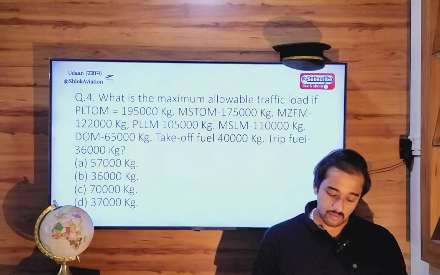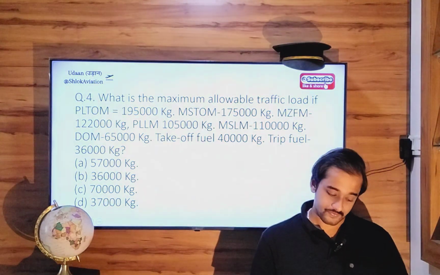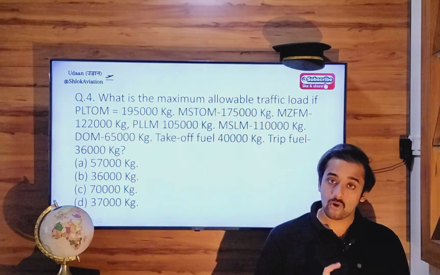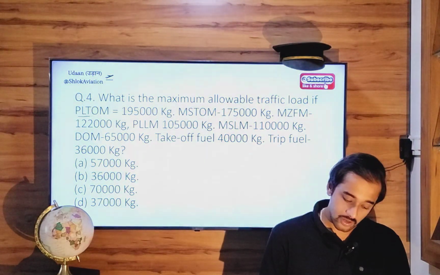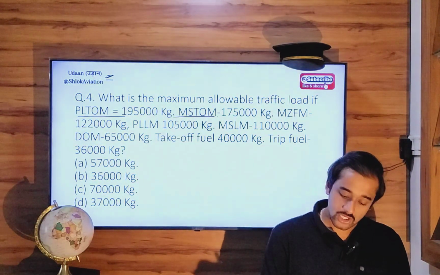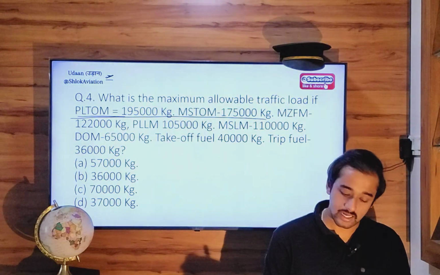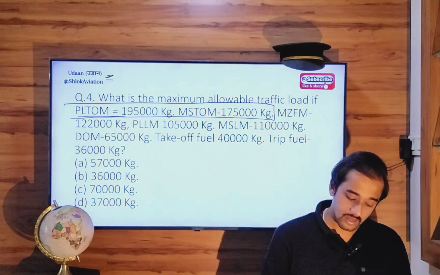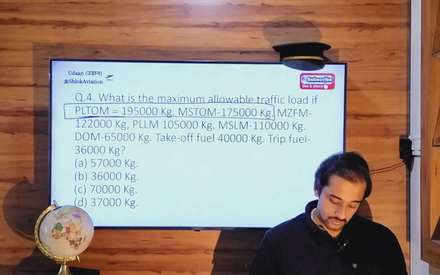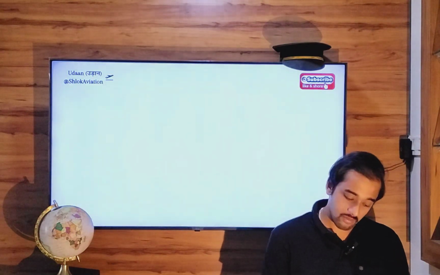What is the maximum allowable traffic load? Now, if performance limited takeoff mass is given to you and maximum structural takeoff mass is given to you, one is performance limited, another is structurally limited. So what is step number 1?